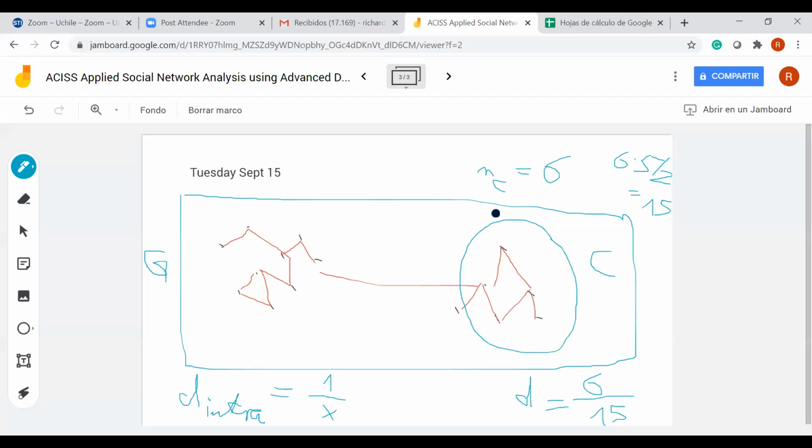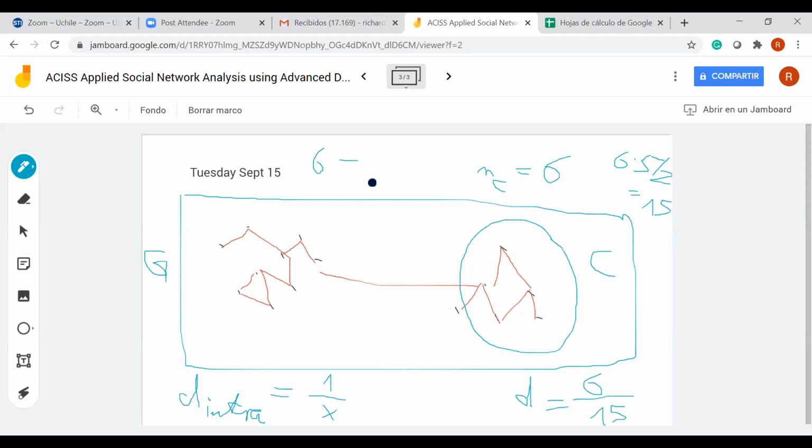So modularity for this community, how can we calculate it? We have to subtract two numbers. One number is 6, which is the number of links we do observe here. We're just counting 1, 2, 3, 4, 5, 6, the number of links within that community.